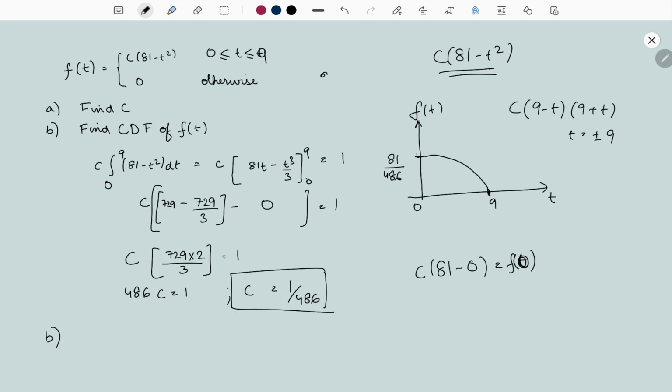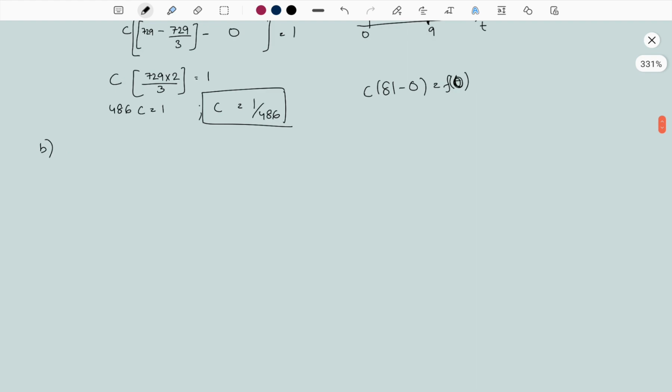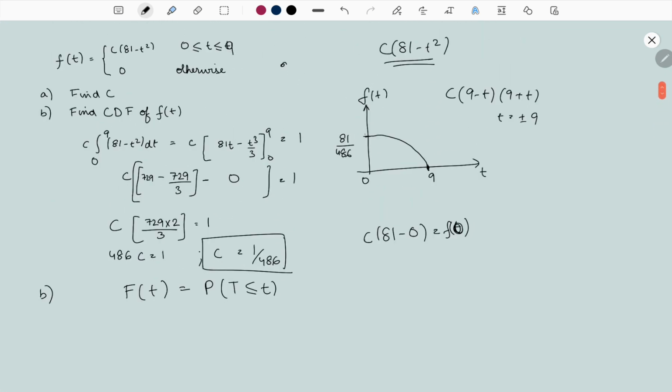Okay, so first of all, we will say f of t equals P of capital T less than or equal to small t. Now what is small t? This will also help you to understand this unusual format.